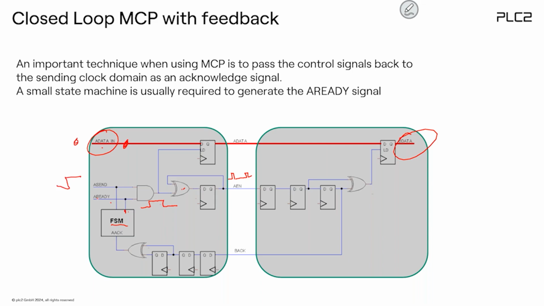Because we are ready, we get a pulse here, and then it's generated here. And now this is synchronized, because the pulse is then decoded again, and it's used to take the data here.